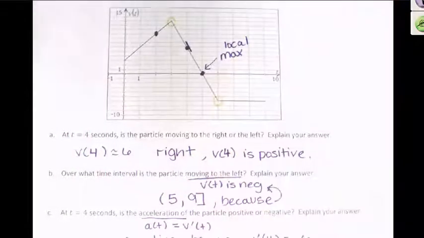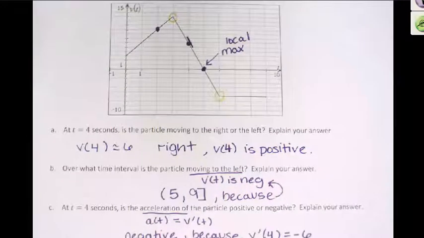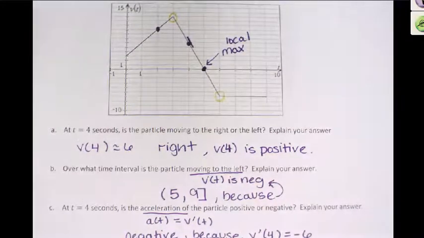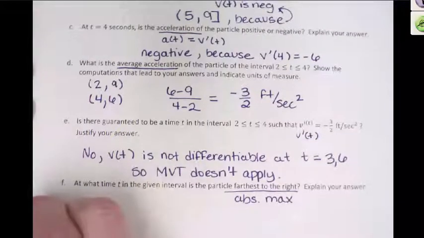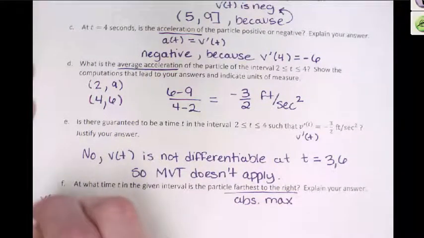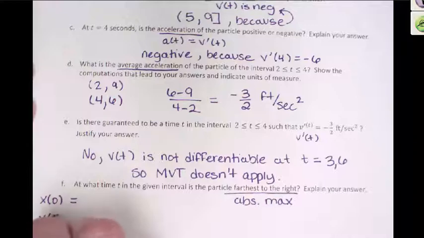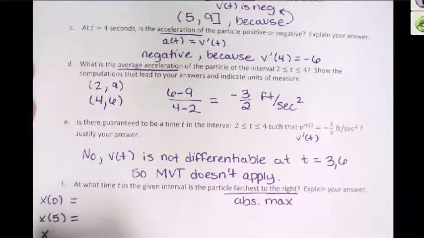And remember, for absolutes, you have to compare endpoints and critical points. So we have to compare the position at 5 to the positions at the starting time 0 and the ending time 9, okay? So we need x of 0, x of 5, and x of 9, okay?